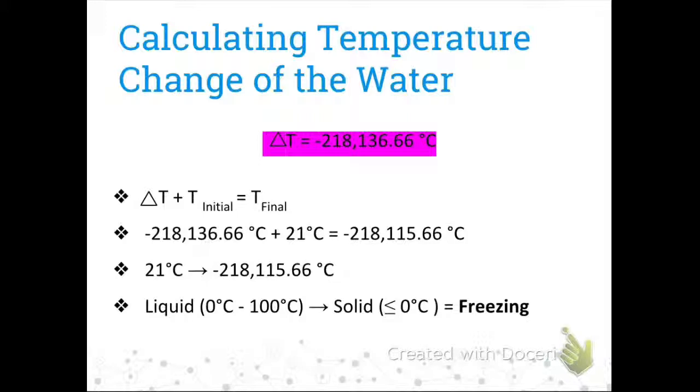We know this because the temperature of a liquid is 0 to 100 degrees Celsius, and we started with 21 degrees Celsius, which is between the two numbers. Then the final number was less than 0 degrees Celsius, which means that it transformed into a solid. Thus, the phase change that has occurred is freezing.